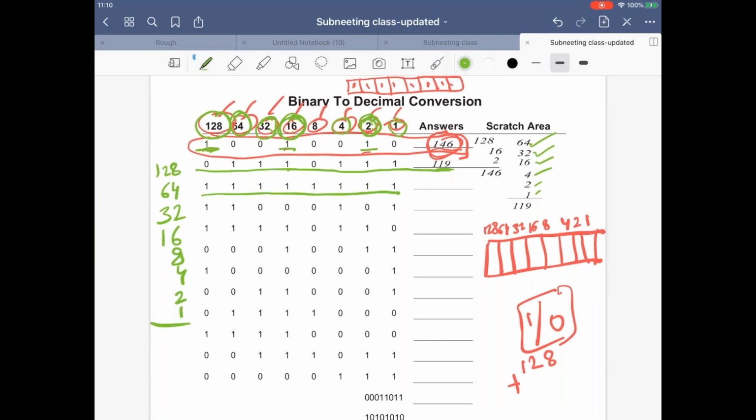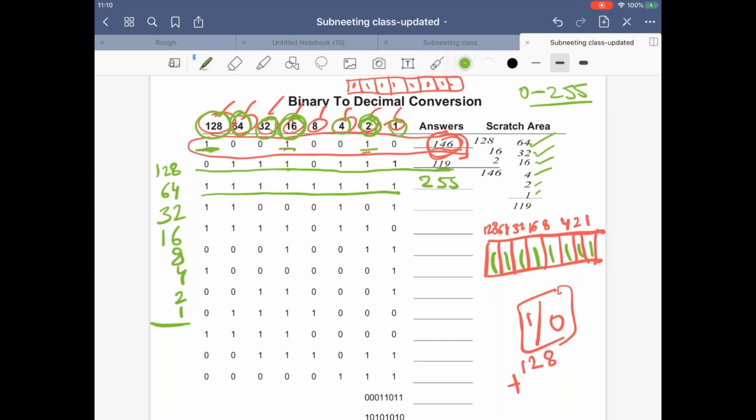If all are 1, the answer will be 255. Yesterday we learned 255, right? So if in one octet all the bits are 1, then the answer will be 255.